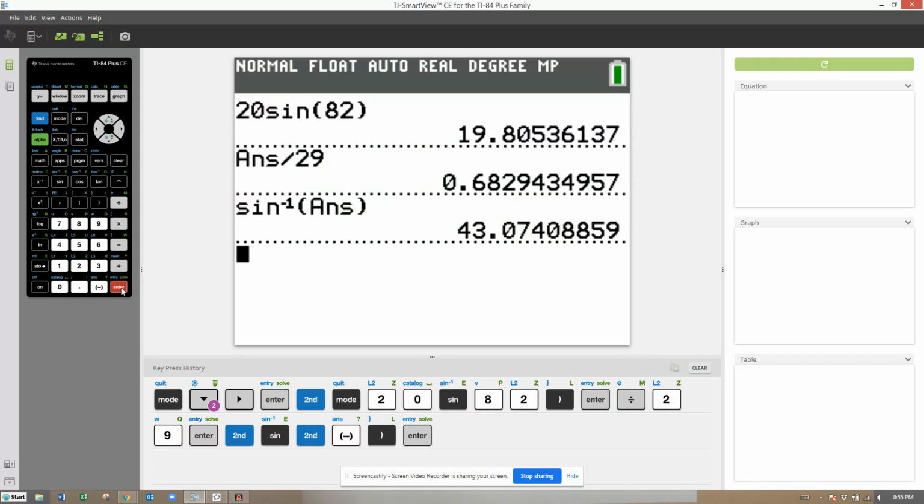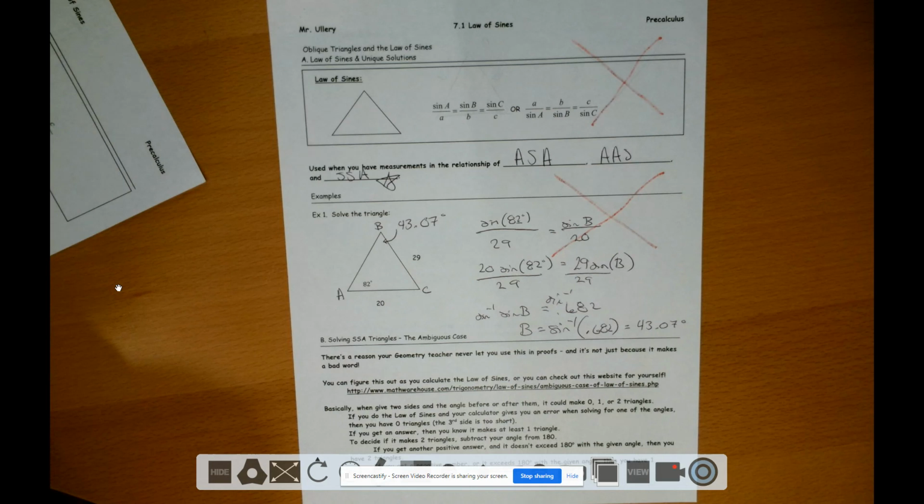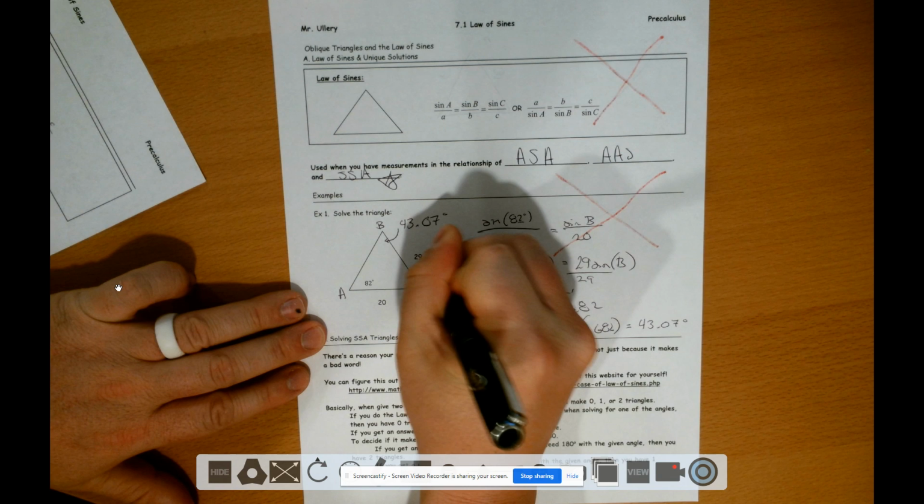We can do that on our calculator if you would like. 180 minus 82 minus 43.07 will give me my third angle, which is 54.93 degrees.